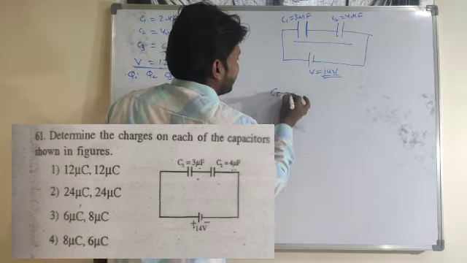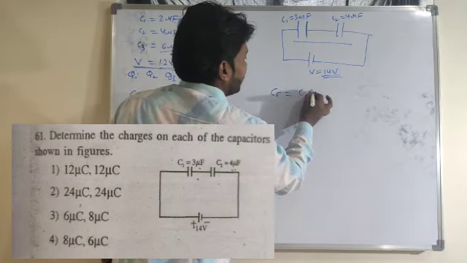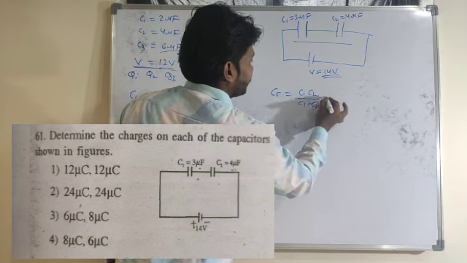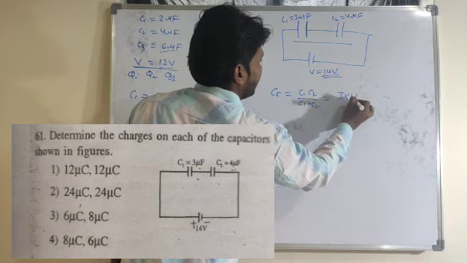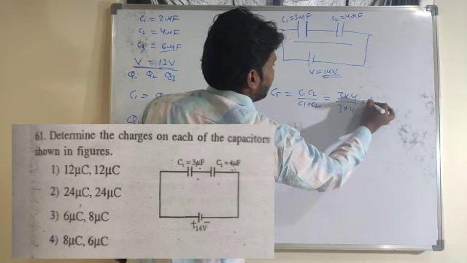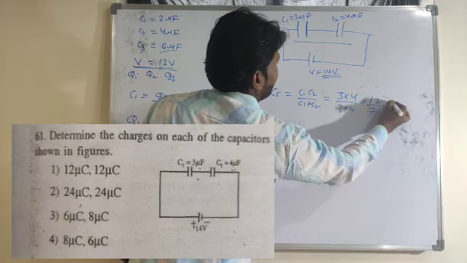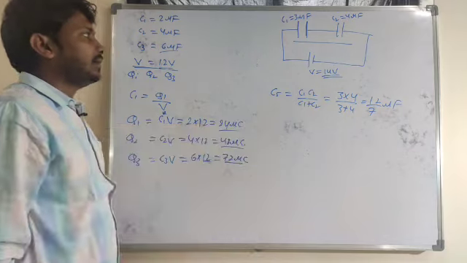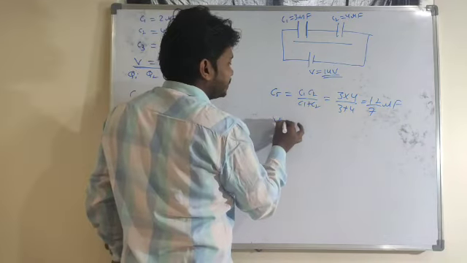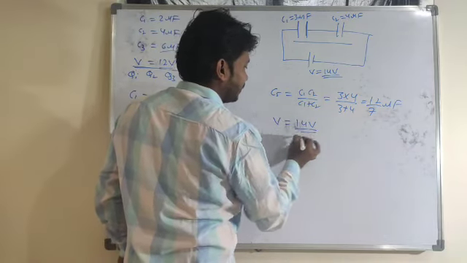First let me consider that these two capacitors are connected in a series combination. Find its effective capacitance: 3 into 4 divided by 3 plus 4, so 12 by 7 microfarad. Voltage is 14 volt.